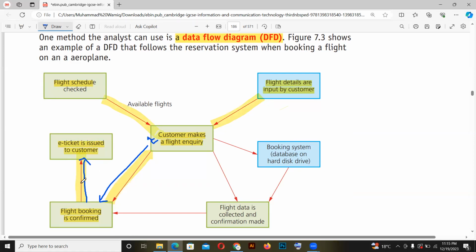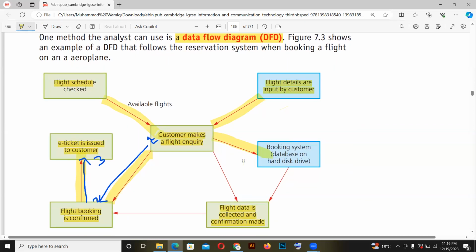This is your stage number one, this is your stage number two, and this is your stage number three, right? So a data flow diagram is showing you in which flow your data is moving, or what the sequence of that is, right? For example, as you can see right here, the booking system database on hard drive. This also means that flight data is collected and confirmation is made.